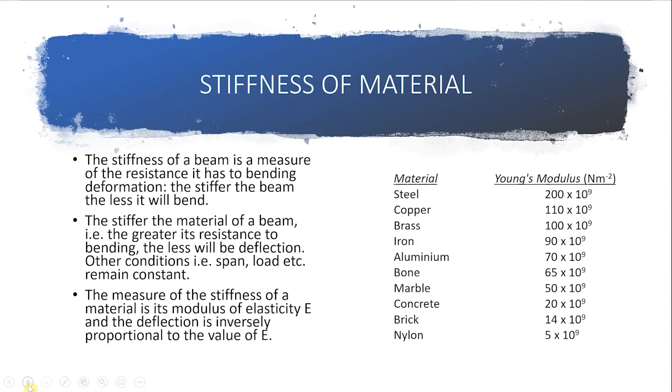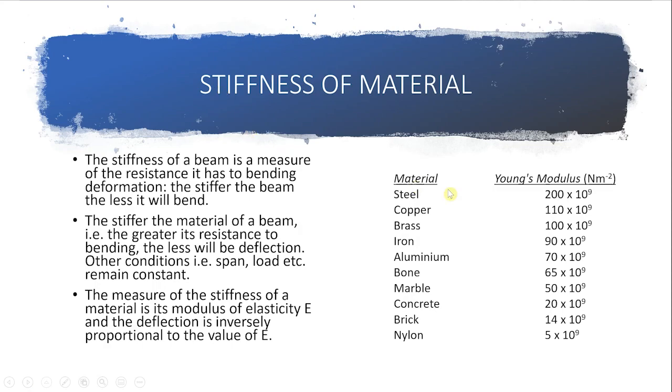The measure of the stiffness of material is its modulus of elasticity, and the deflection is inversely proportional to the value of E. So sebenarnya every materials tu ada dia punya value of modulus of elasticity, macam I explain dalam chapter 1. Bila you tengok semakin tinggi yang modulus of elasticity, maksudnya semakin elastic lah that particular material.